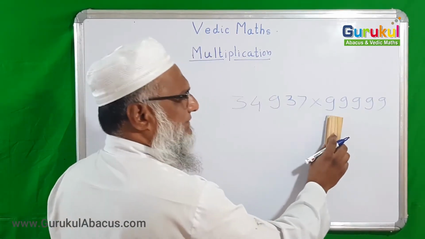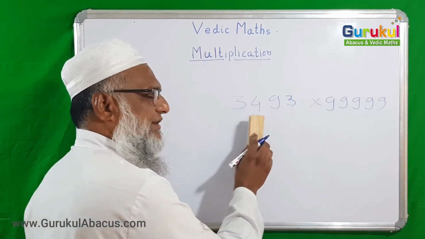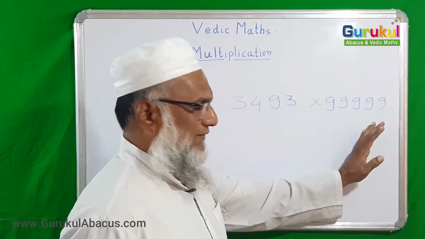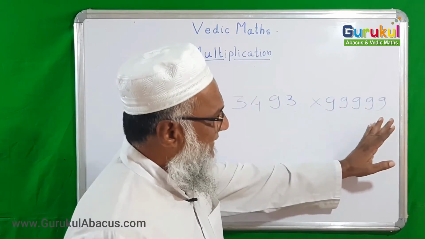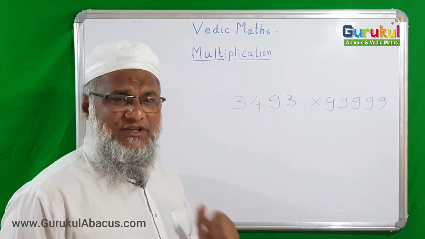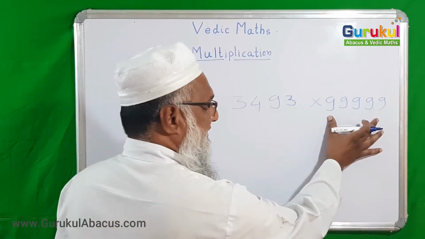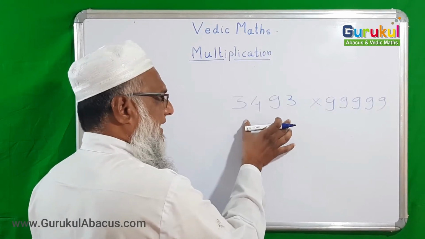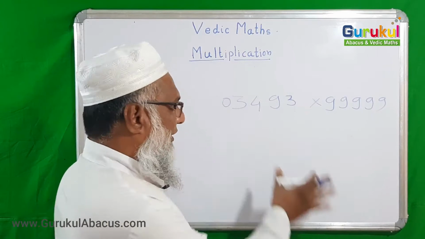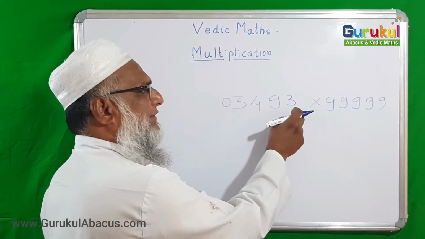Here one more condition may be there. Suppose here is a 5-digit greatest number, but the other number is a 4-digit number. In this situation, what to do? Very simple. It is 5-digit, so let's make it 5-digit just by adding one 0 here. So now for us, this number's digits are 0, 3, 4, 9, 3 and 8.